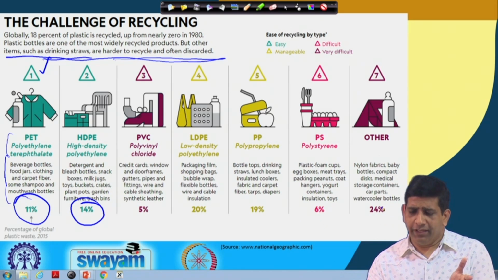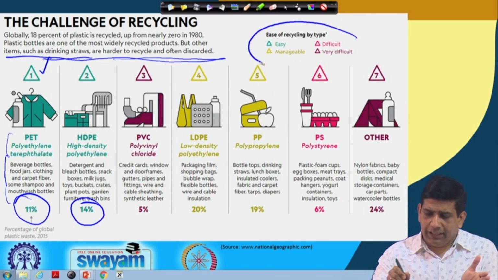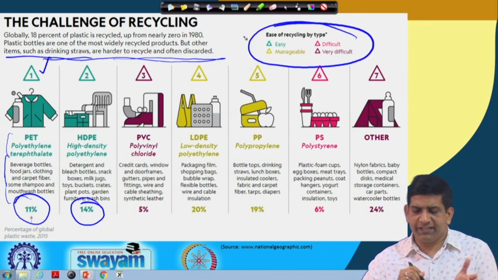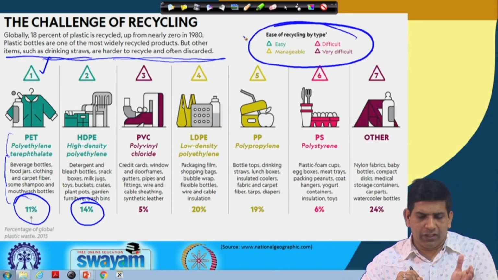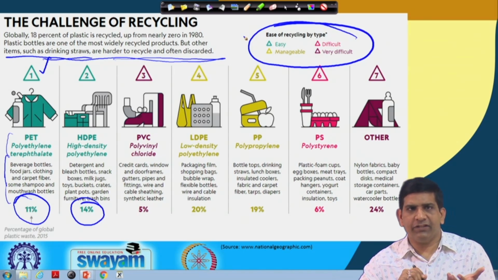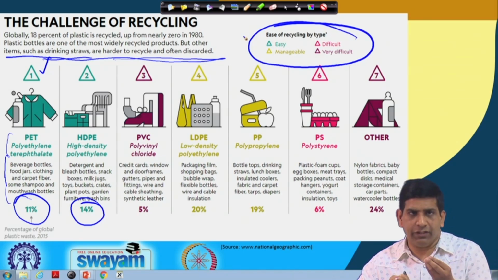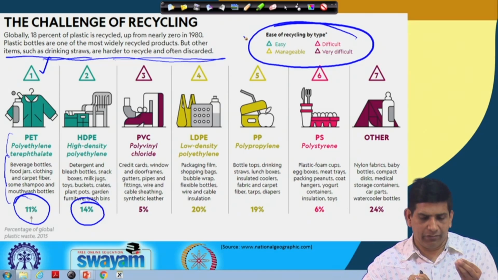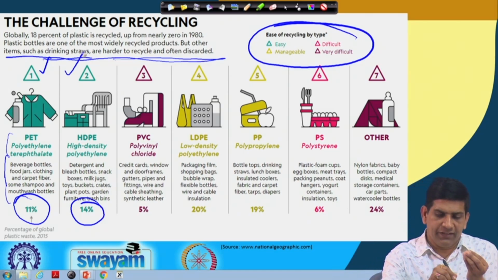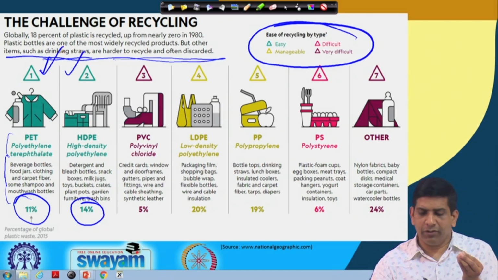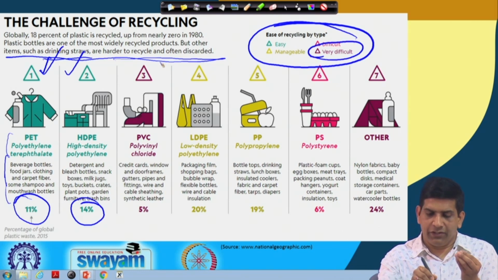If you look here, this talks about ease of recycling. The green triangles, the first 1 and 2 which you see, are easily recyclable. The recycling of these is much easier. Then we have the purple one, right here.